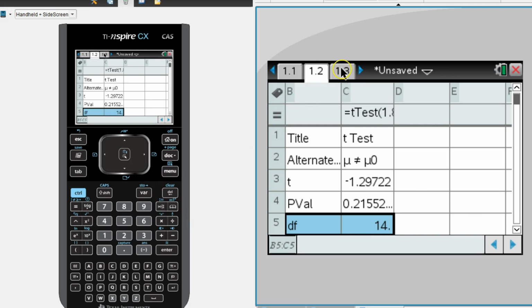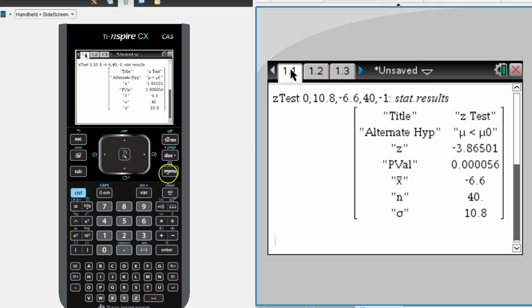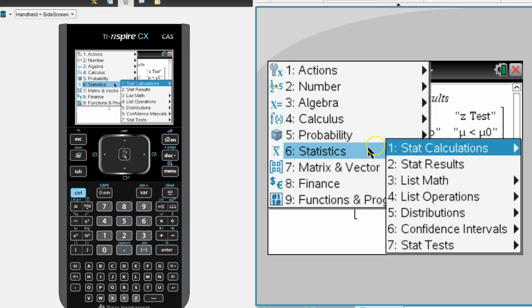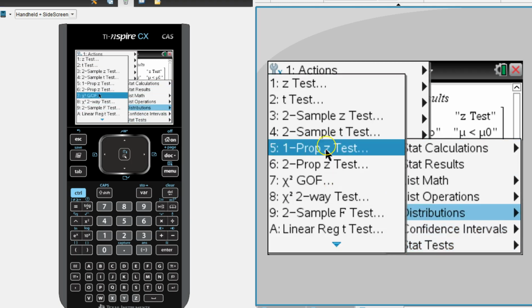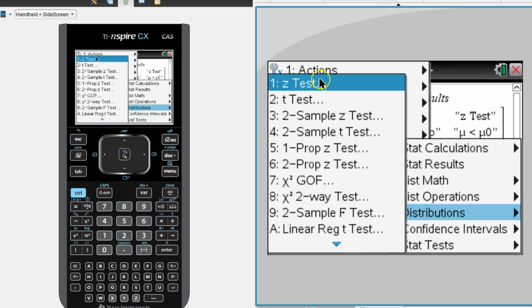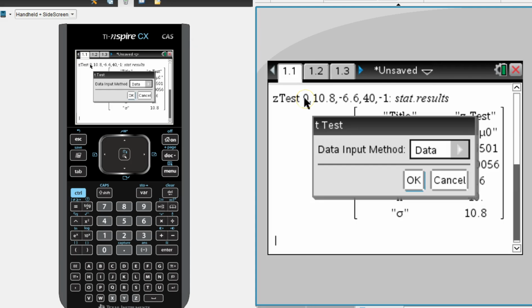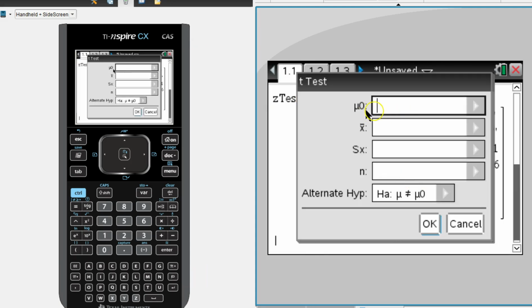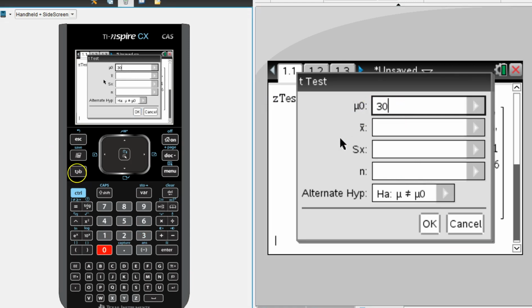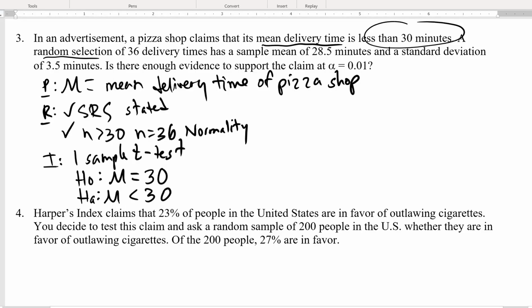I'm going to go back to a regular calculator page. So menu, statistics, tests, on the very top, a t-test. This time with statistics. Fill in the pieces. They said mu naught, what's the claim? What actual average time did we get?